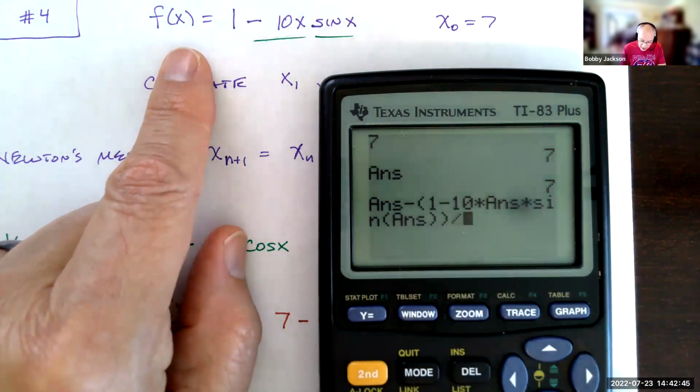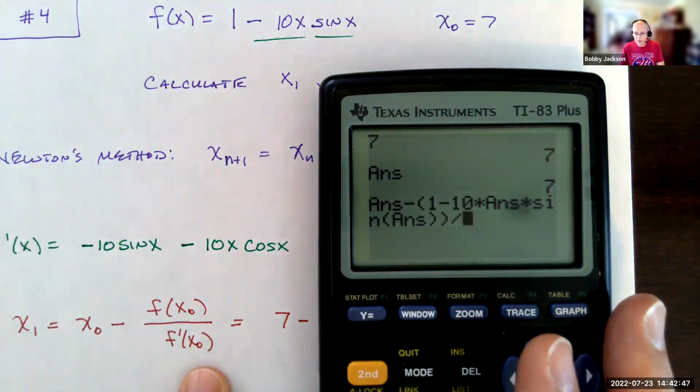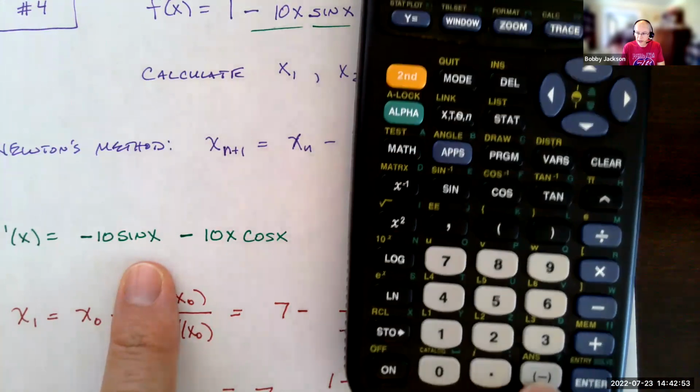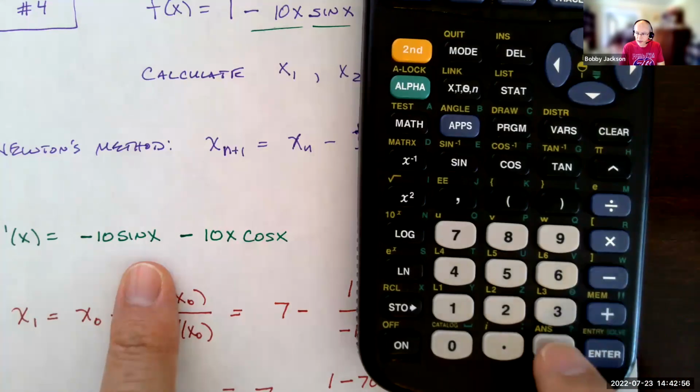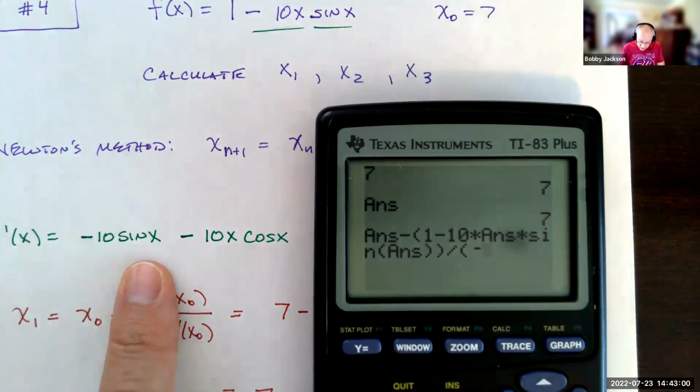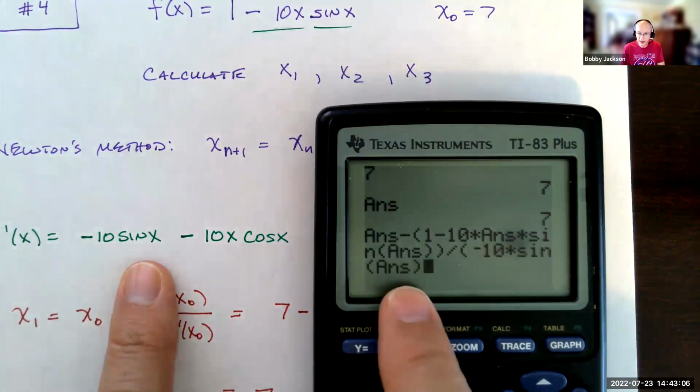And then divided by the derivative evaluated at this. Here's the derivative, so I'm going to put that in parentheses. I've got negative 10. Make sure you use the negative here on the calculator, not the minus sign. You have to start with a negative. 10 times sine of what again? Answer. Close parentheses on the sine.